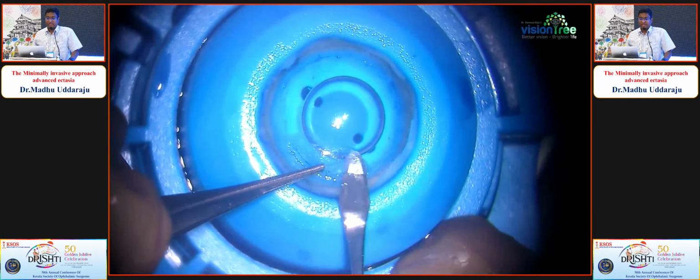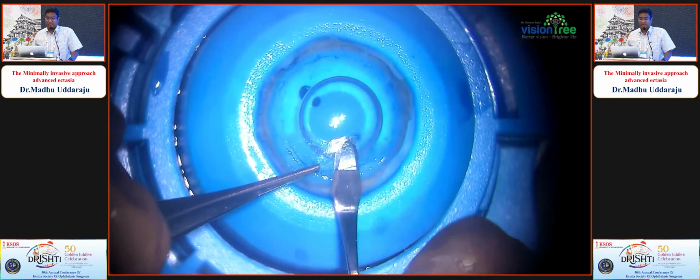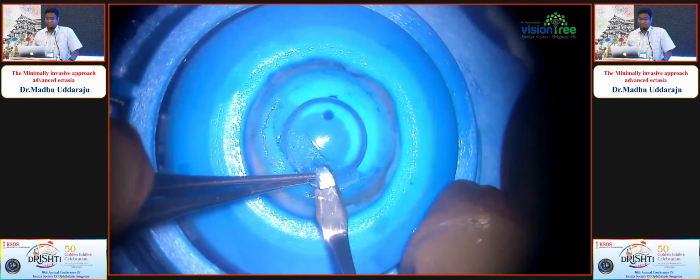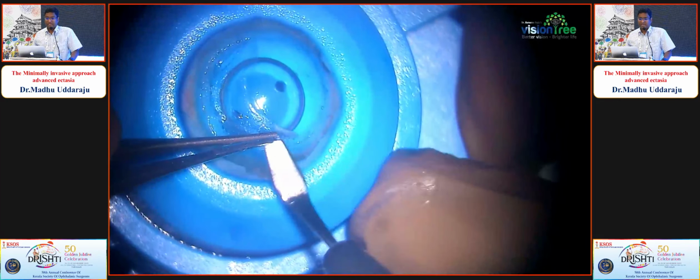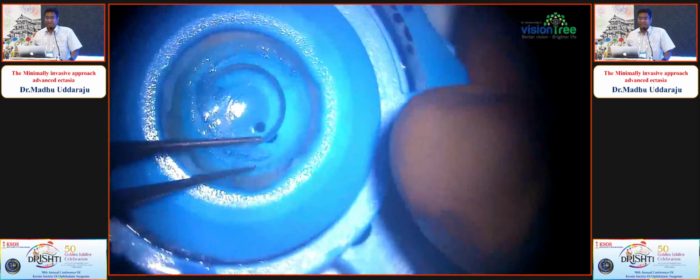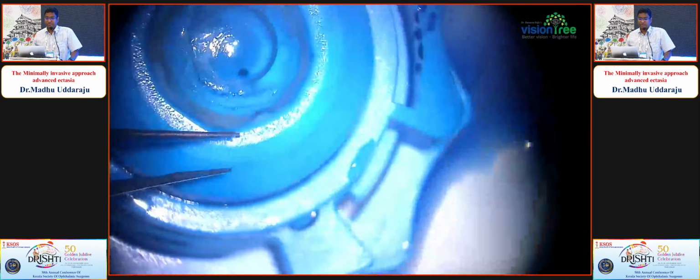So this is how you create the tunnel with your regular tunnel blade. And just by lifting and putting tangential pressure, you get a correct plane and the interface will be smoother when you do it in such a way.